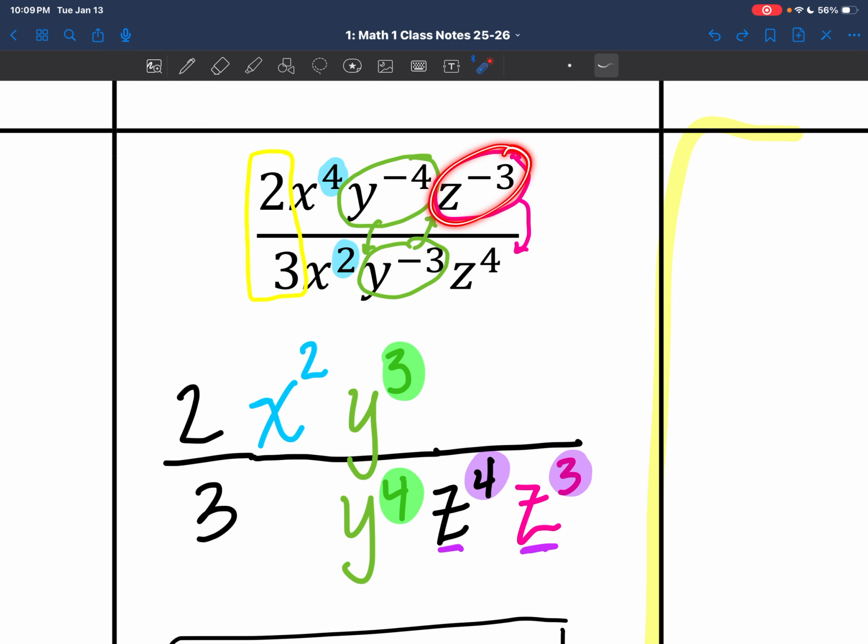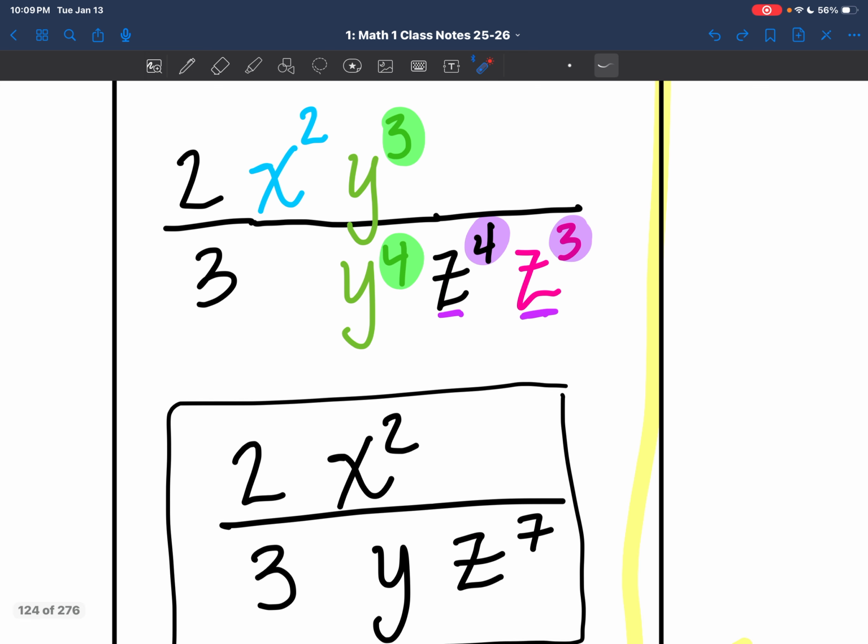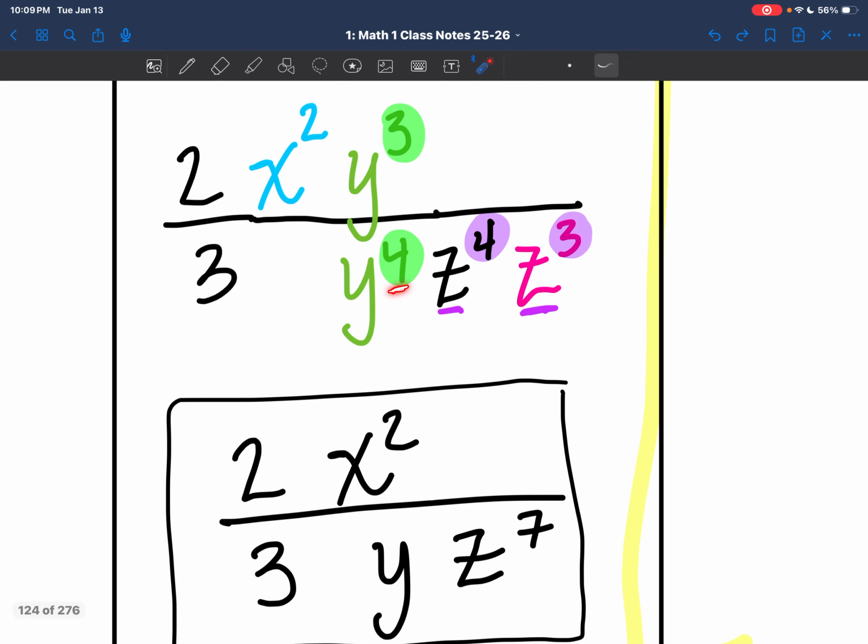And then here I have a negative, so I'm moving that down to here. So now let's start combining. In this case, I should have 1 y left over because we're subtracting, and then wherever there's more, that's where your leftovers are going to go.